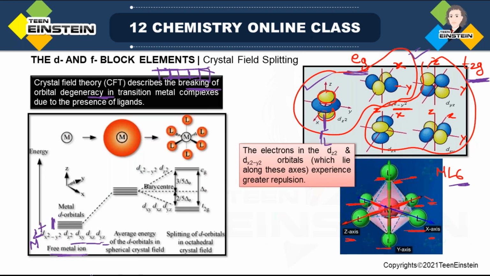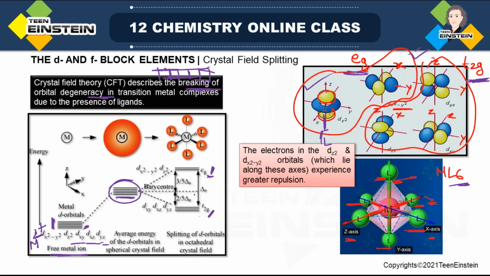But now, in the presence of ligands, there will be 2 different categories: EG and T2G. T2G is lower in energy, EG is higher in energy. In between these two situations, you can also see that all the d orbitals have higher energy compared to the previous situation, but still all have the same energy.